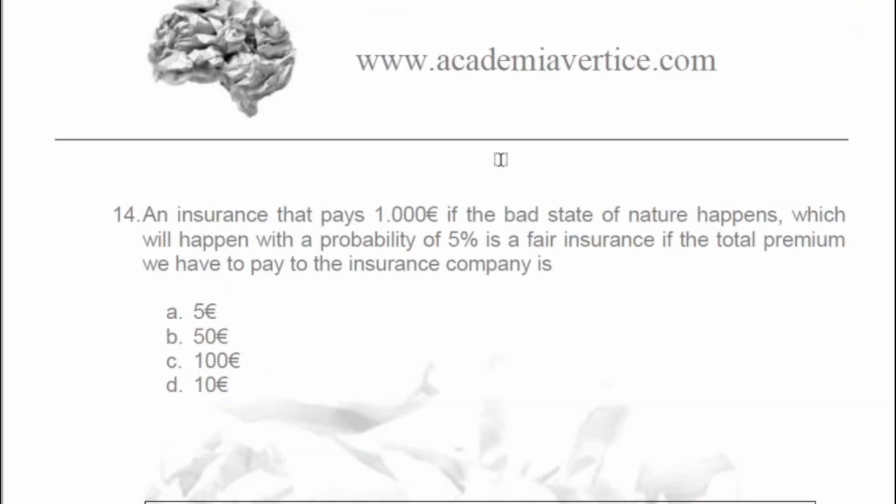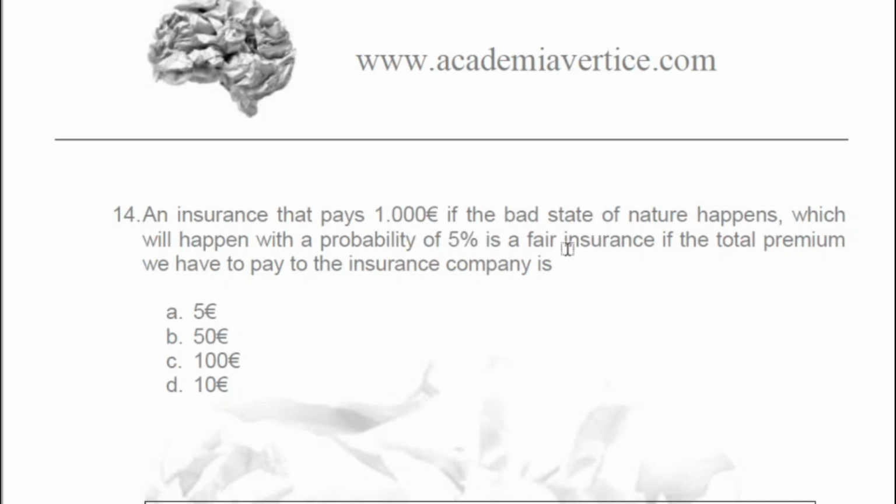Now, number 14. An insurance that pays 1000 euros if the bad state of nature happens, which will happen with a probability of 5%, so 0.05, is a fair insurance if the total premium we have to pay to the insurance company is, okay, if the insurance is fair, I will have to pay a per euro premium identical to the probability of the bad scenario.